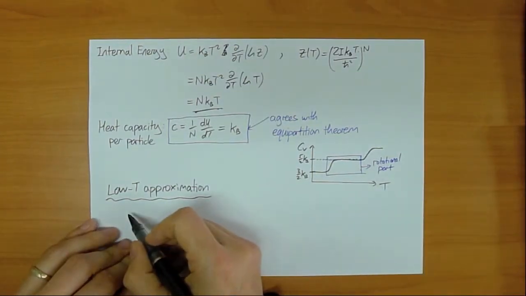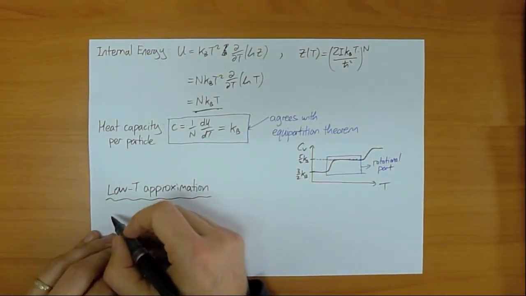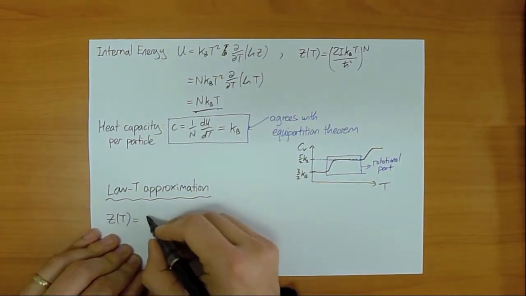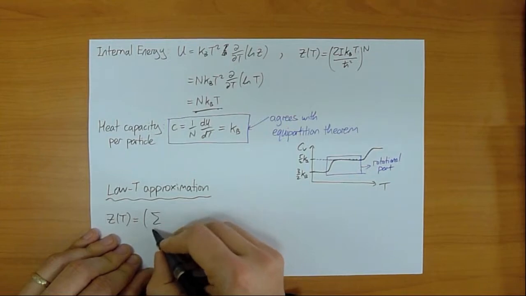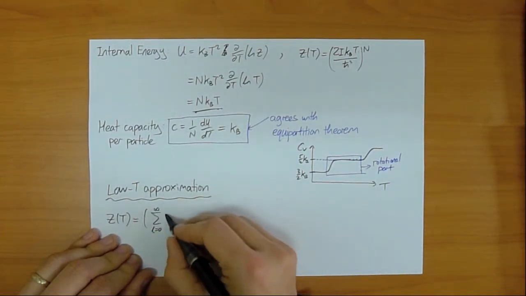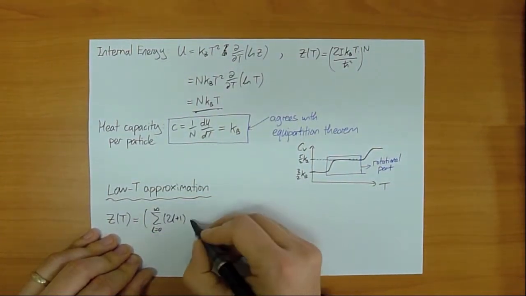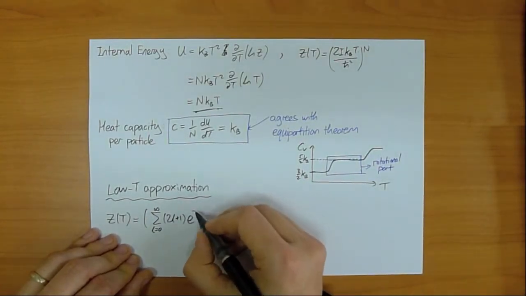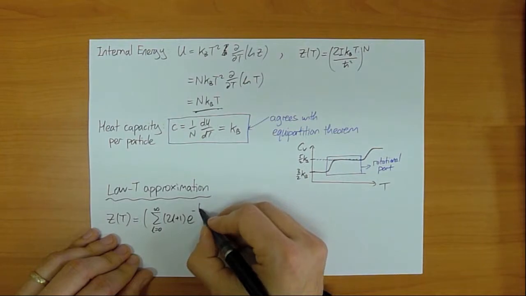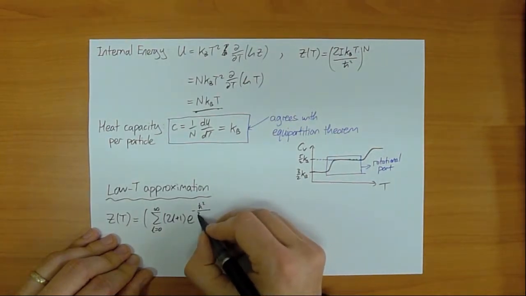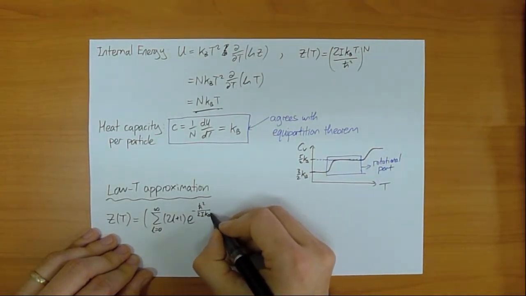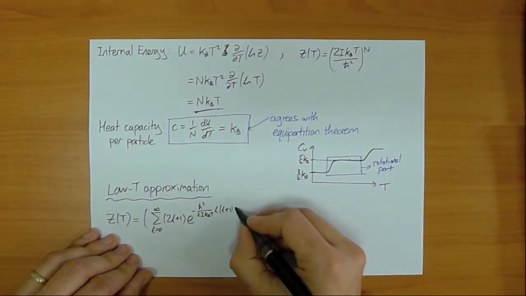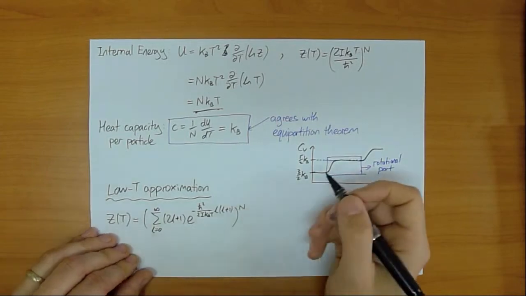Okay, so again, if we write down the exact form we have for the partition function, this was the sum, L goes from 0 to infinity, 2L plus 1, e to the minus epsilon L. So explicitly this is e to the minus h bar squared over 2I kbt times L times L plus 1, all of that to the power n.